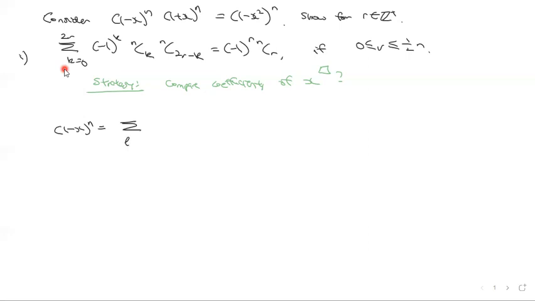So let's say L equals 0 to n of nCL (-x)^L. And that will just be the sum from L equals 0 to n of nCL (-1)^L x^L. Okay. Now, just to save ourselves a little bit of space, I'm going to move that working across.